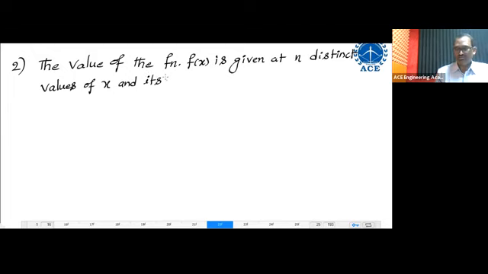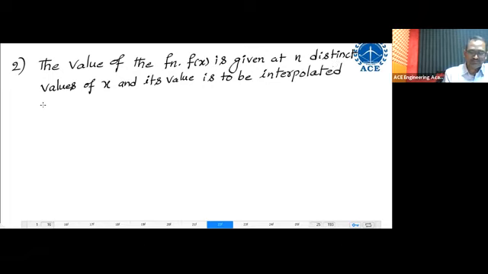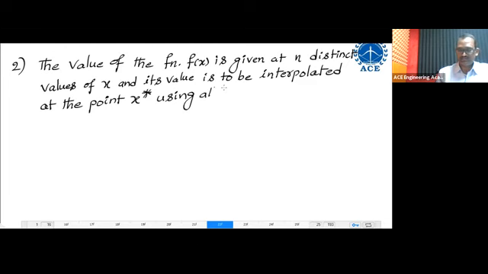And its value is to be interpolated at the point x star using all the n points.